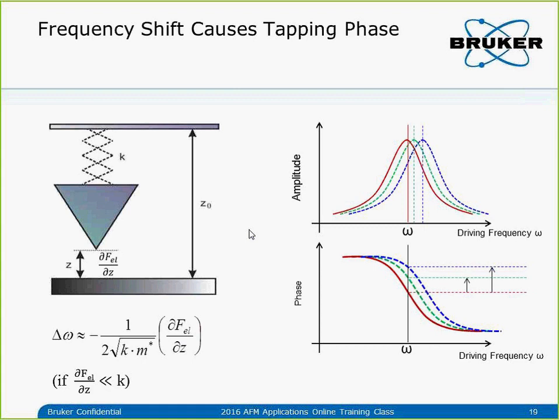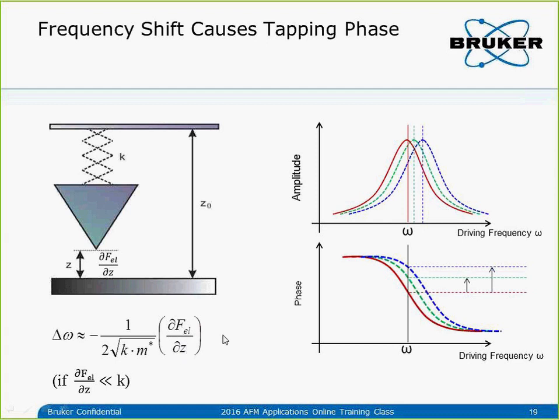And this force will generate an additional spring constant and cause the cantilever resonance frequency to shift. The amount the resonance frequency can shift is inversely proportional to the square root of the spring constant, right? I put the equation here. So this partial S, partial Z is basically the interaction force between tip and sample.